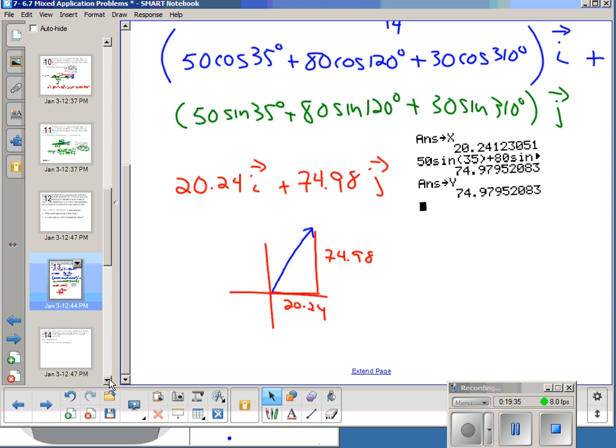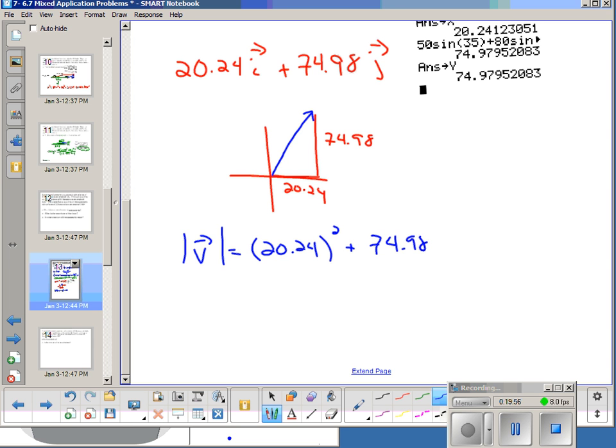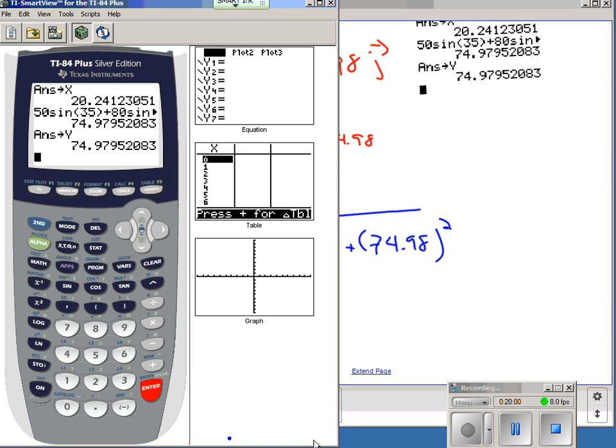Next question is magnitude and an angle. Right? Those are the other two things. Once I have this and I want to find the magnitude of the vector, that's the length of the hypotenuse of this triangle. And so my magnitude of my vector is going to be my 20.24 squared plus 74.98 squared, and I take the square root of that. And if I've stored my variables, that's really easy to do.